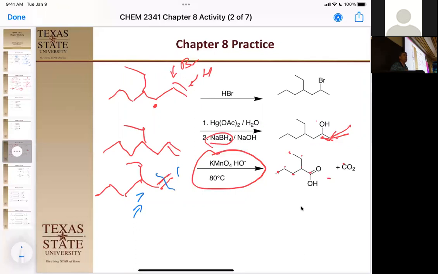So it has to be on the end like that, and it's going to give us the carboxylic acid here. So we knew it was going to do a cleavage on that double bond, and we now know how many carbons are in each fragment. So that means we have what the starting material was. All right, questions on that?